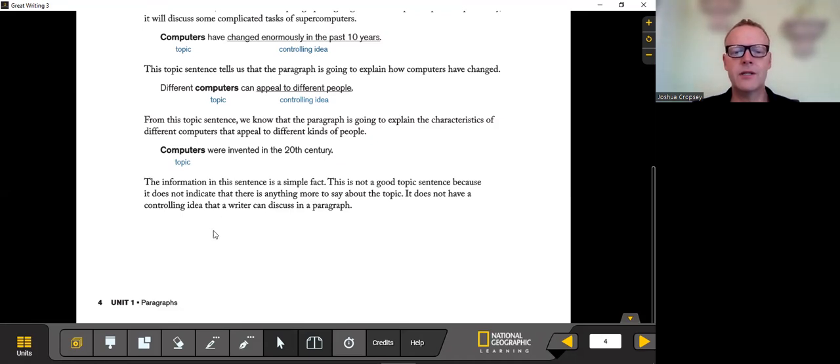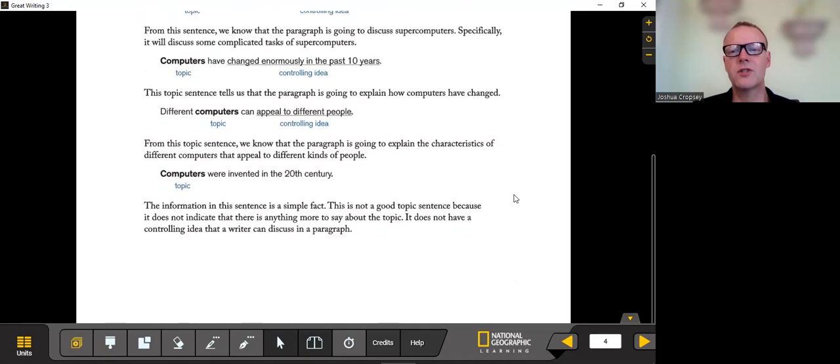The information in this sentence is a simple fact. This is not a good topic sentence because it does not indicate that there is anything more to say about the topic. It does not have a controlling idea that a writer can discuss in a paragraph. Okay, so we're starting to understand what a good topic sentence looks like. You've got to have the topic, and you've got to have a controlling idea that's pushing the paper in a certain direction.